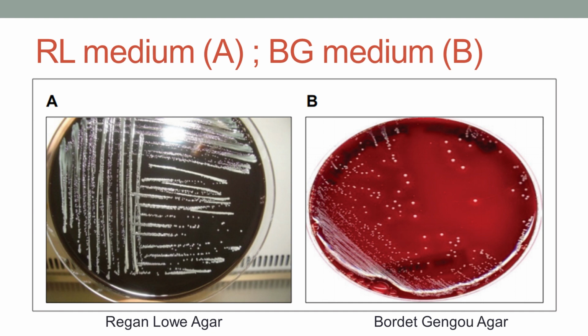Here we can see how colonies of Bordetella pertussis look on two different culture media, Regan-Lowe agar and Bordet-Gengou agar. Maybe I pronounced it wrong, because it seems to be a French name, so I apologize.